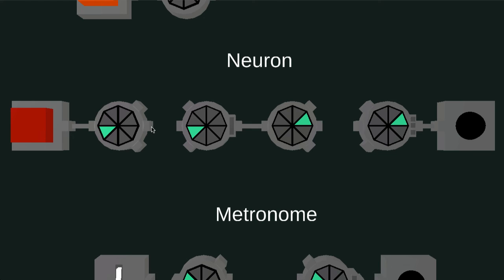So I can connect these up, and what I can do here is I can use temporal summation by hitting this, I think, 4 times, and then the speaker will play music. But I can also use spatial summation by connecting up all 3 of these, and then I only have to hit this once.